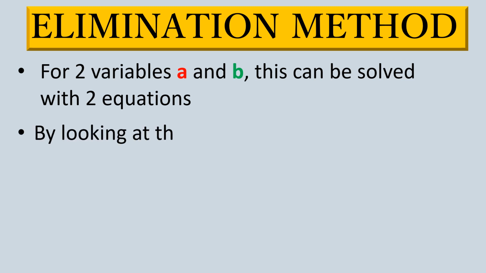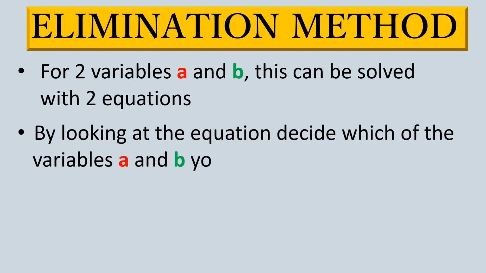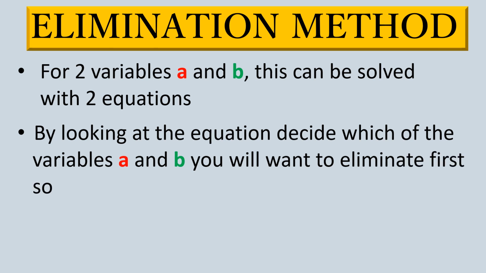So what we'll just do is to look at the equation, and then decide which of the variables to eliminate. Remember that eliminating one variable means solving for the other. If we eliminate the variable a, that means we're going to solve for b.